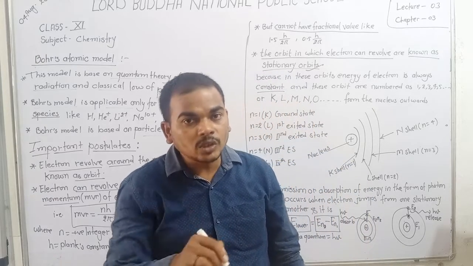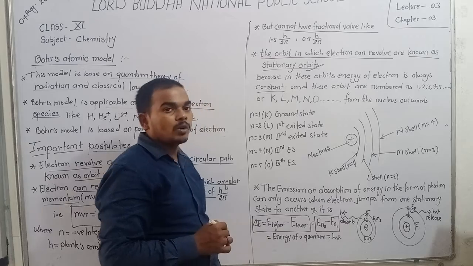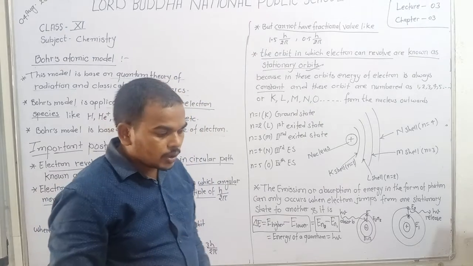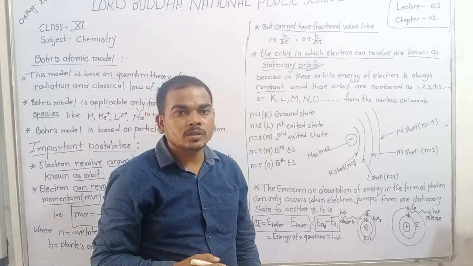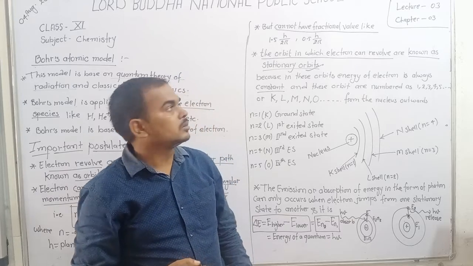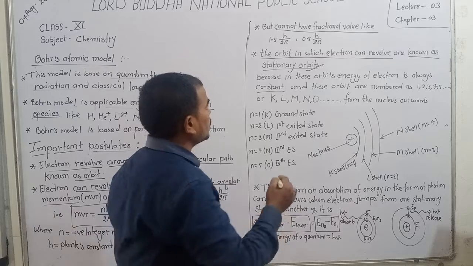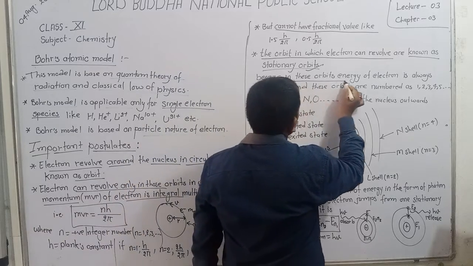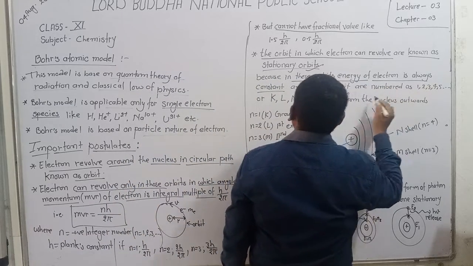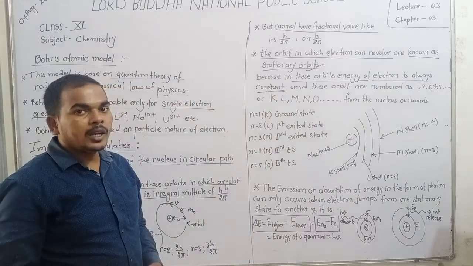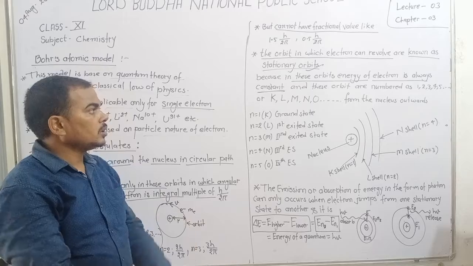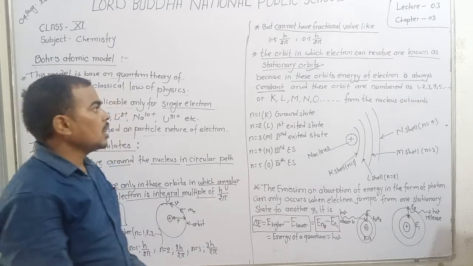But this orbit is known as a stationary orbit. Why? We say that a circular path or orbit is stationary because in these orbits the energy of the electron is always constant.